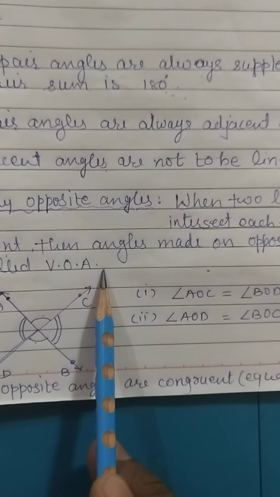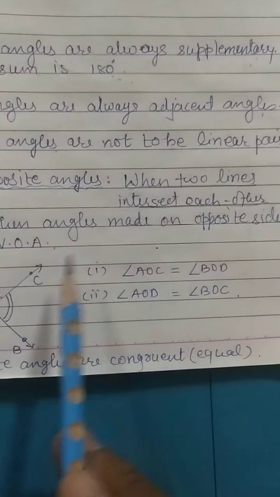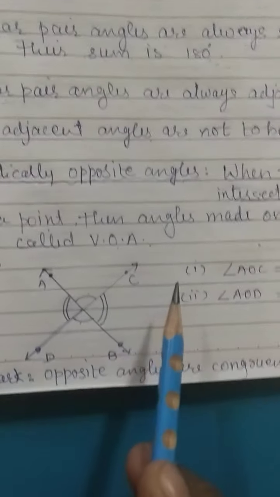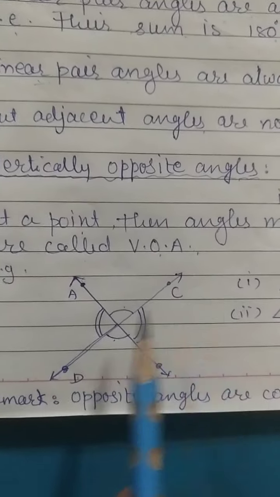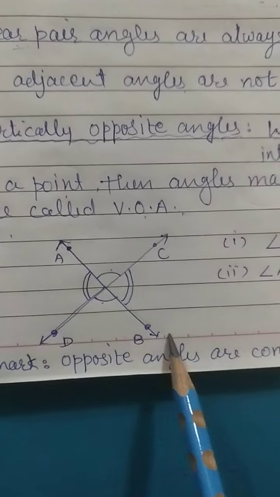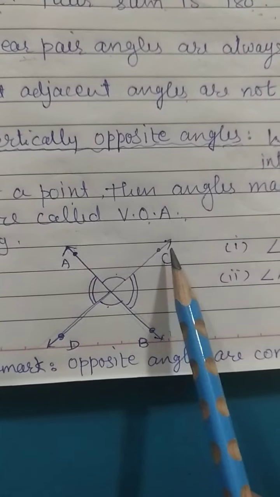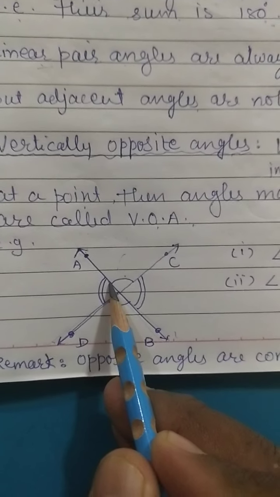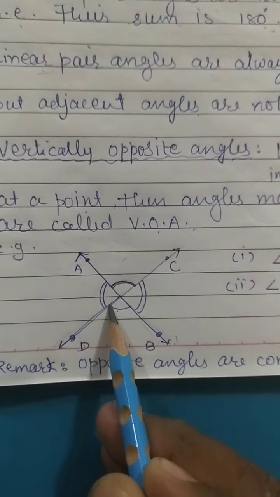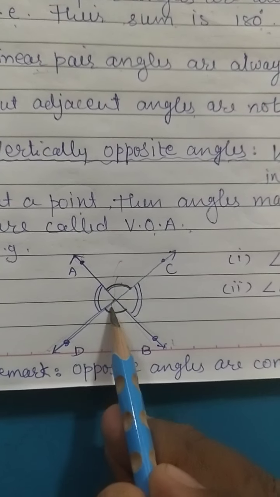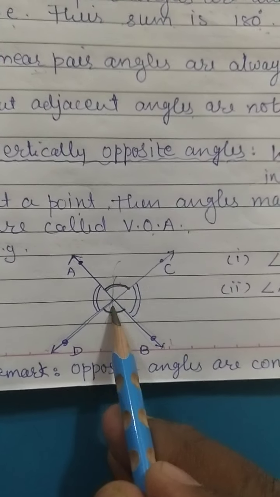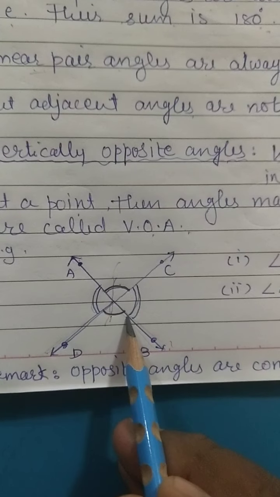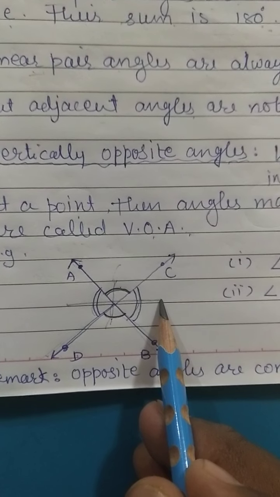Here you can check one example we have taken, that is, two lines AB and CD intersect each other. So opposite angles means this to this, they are called vertically opposite, and similarly this and this are opposite, so they are also vertically opposite.